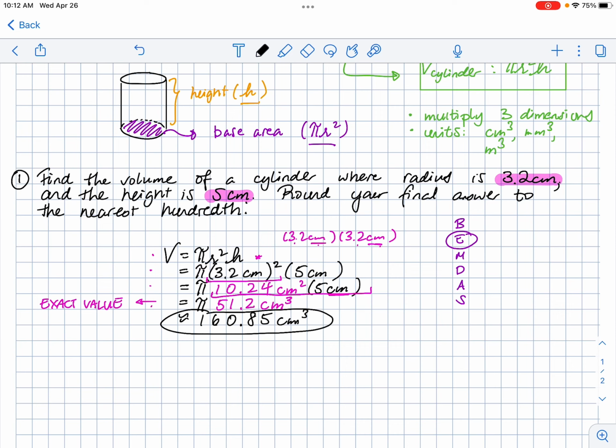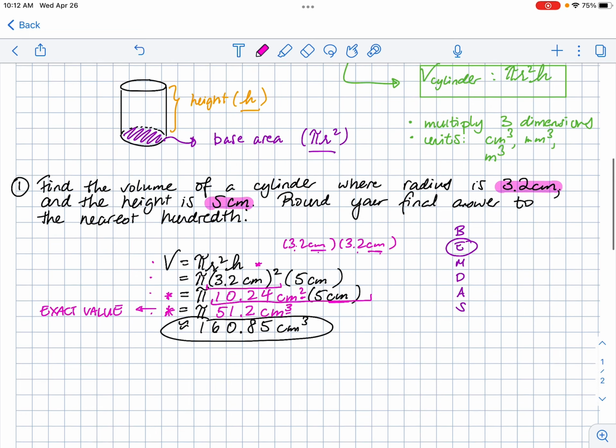So again, to reiterate, the volume of a cylinder formula does require more steps, but it's really important you understand that at this step, after you take out your squared measurement out of the brackets, you have to have the square here, centimeters squared there, okay? You have to make sure that you apply the exponent first. And then in the exact value step, it is already centimeters cubed, okay?